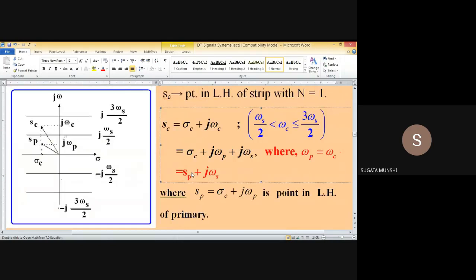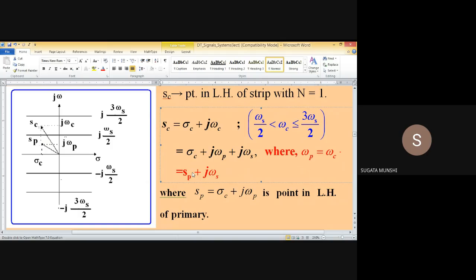E to the power SC into tau means e to the power SP into tau, isn't it? Times e to the power j omega s into tau. All right? E to the power j omega s into tau, that is 1. So ZC and ZP, they are same. You understand? ZC and ZP, they are same.